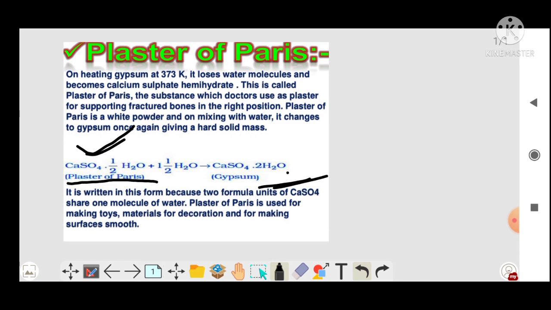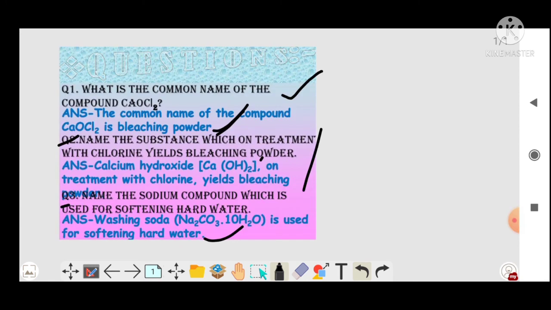It is the substance which doctors use as plasters for supporting fractured bones in the right positions. Plaster of Paris is a white powder, and on mixing with water, it changes to gypsum once again, giving a hard solid mass. This is all about plaster.